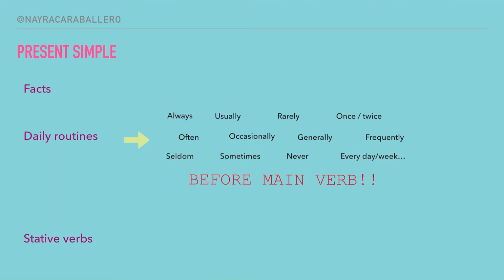And stative verbs are those verbs that express emotions and feelings like love or hate, opinion like think or believe, perception like smell or see, prices and measures like weight or cost, and possession like have.